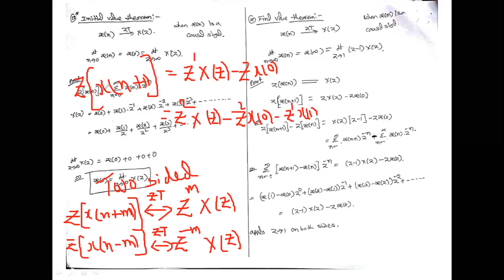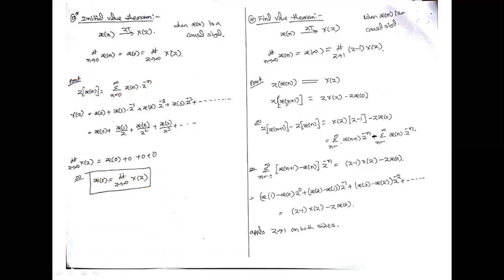So use this function as n is equal to 1 only. Here the transformation of x(n plus 1) is equal to zX(z) minus z into x(0), because only the one function is there.